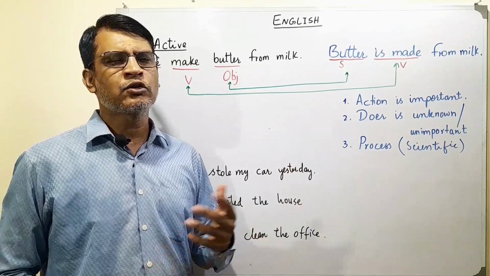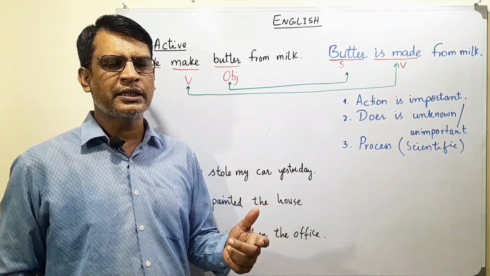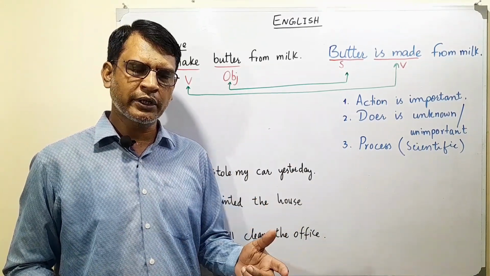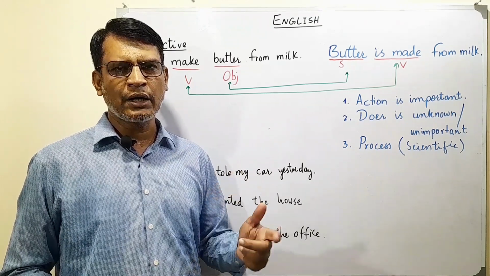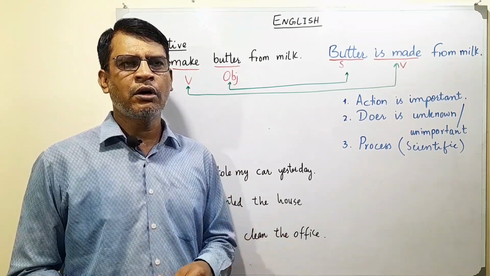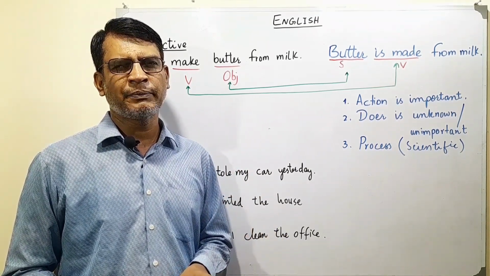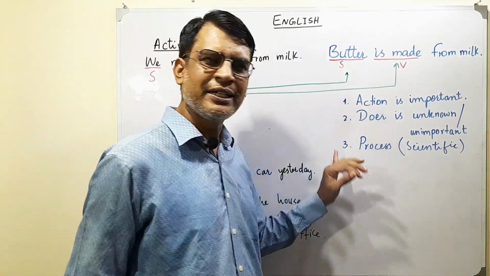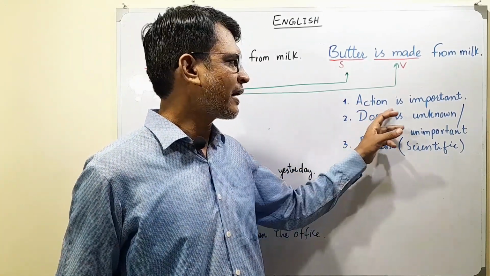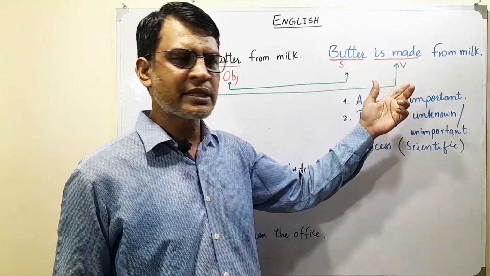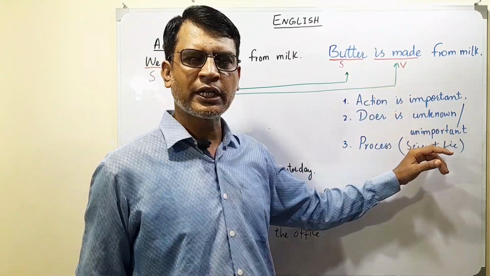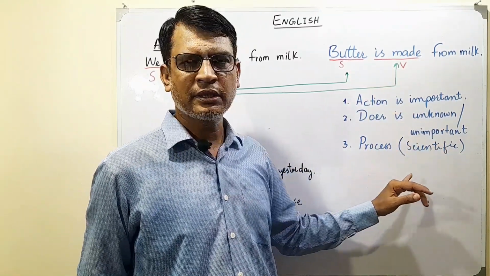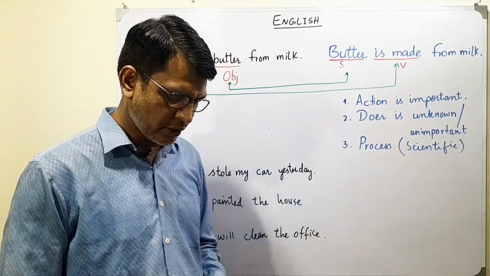So we say that in a passive sentence, either the action is important, or the doer is unknown or unimportant, or passive also talks about a process. These are the three reasons that I have listed. Action is important, so we go for passive. Doer is unknown or unimportant, or we are generally talking about a scientific process.